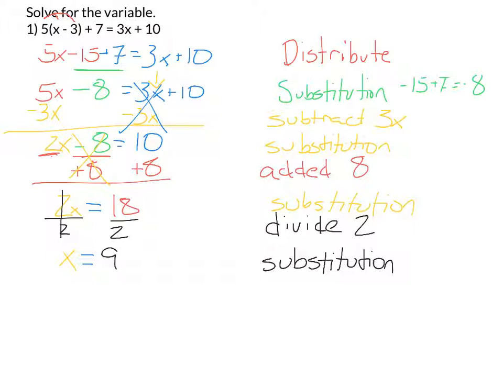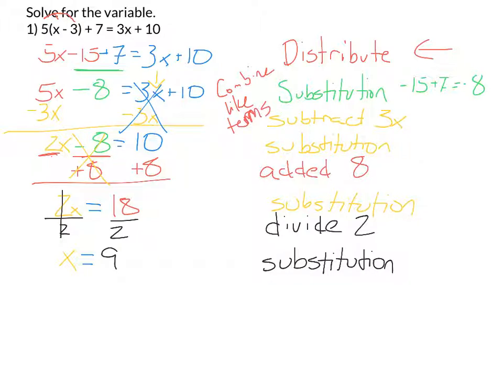Okay, this is the basic order in which you're going to solve any equation. If there's some sort of distribution, you're going to do that piece first. Then, you may have heard it as, combine like terms.